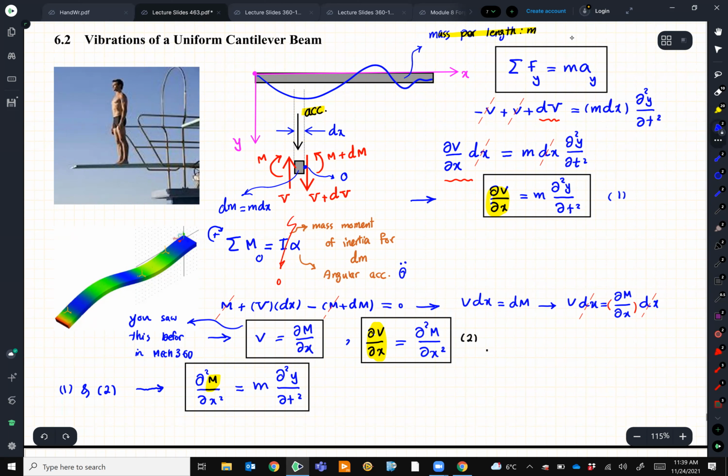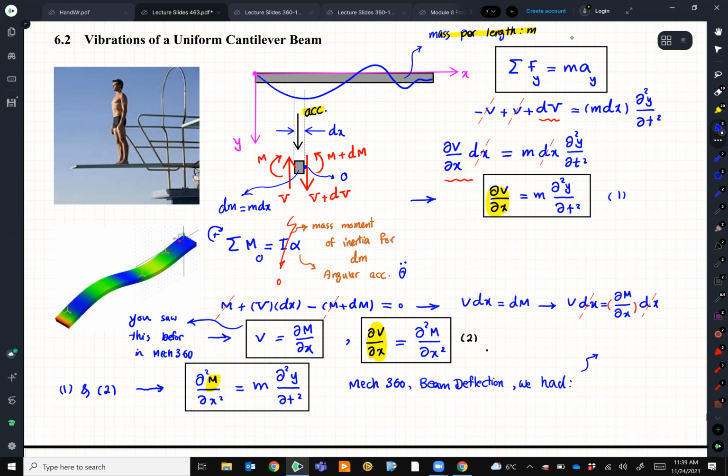So we go back to MEC 360 again. In MEC 360, the topic being deflection, we had a relation between M, bending moment, and the deflection of a beam. When I have a beam and it deflects under some load, we have this relation. Let me write it down first here, the form that you know.